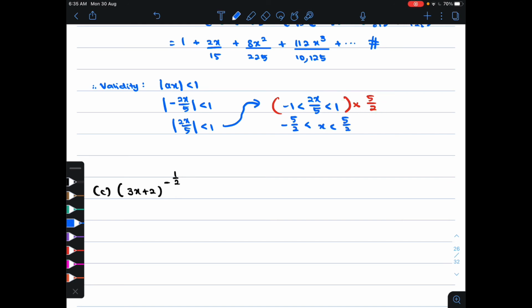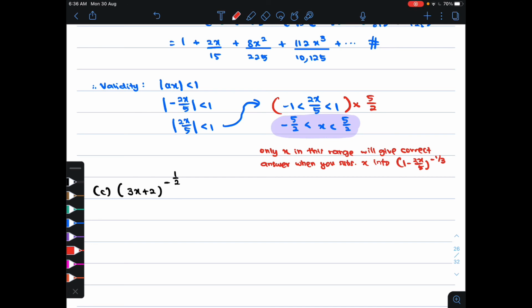And the range is x is between negative 5 over 2 and 5 over 2. So this means that only x in this range will give the correct answer when you substitute the value of x back into (1 minus 2x over 5) to the power of negative 1 over 3.